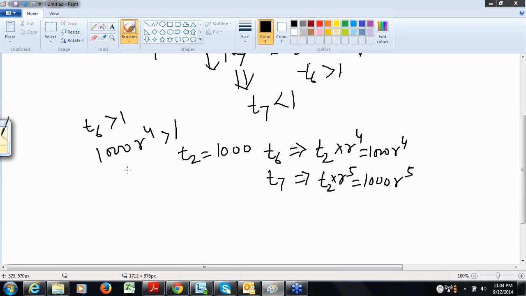Okay. And the second equation, 1000 r to the power 5 is less than 1. Okay, everybody is clear till now? Everybody is with me?